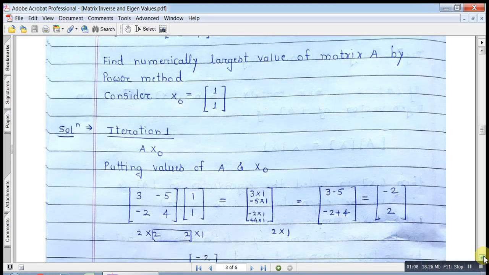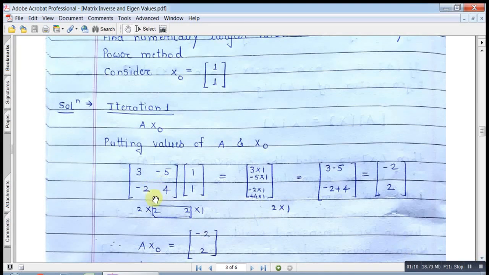Consider this trick, as sometimes we get confused about the rank of this matrix. Here the A matrix is a 2 by 2 matrix and x0 is a 2 by 1 matrix. 2 by 2 means 2 rows and 2 columns. Similarly 2 by 1 means 2 is the number of rows and 1 is the number of columns.